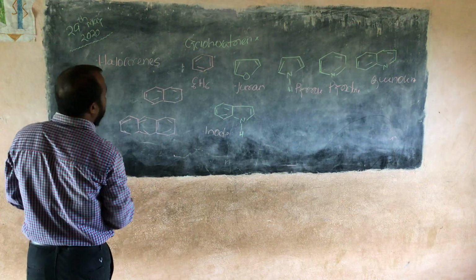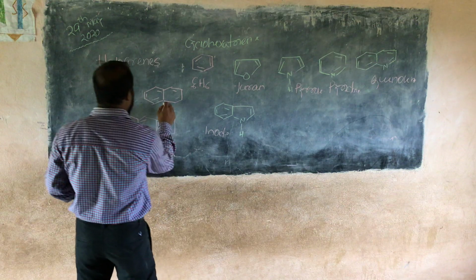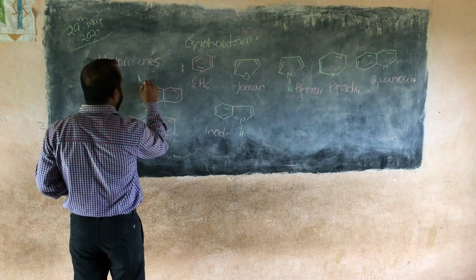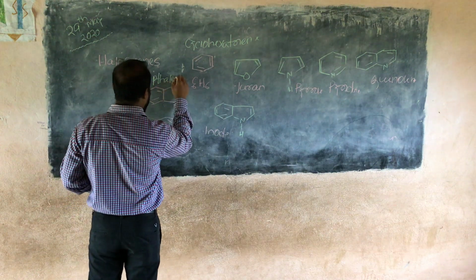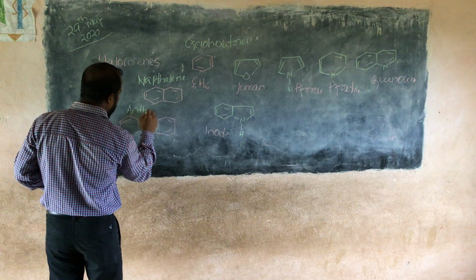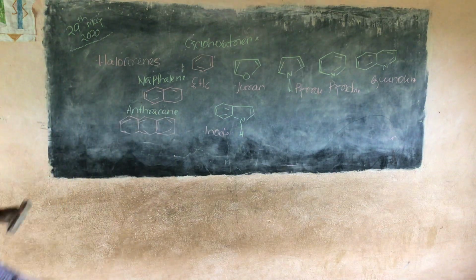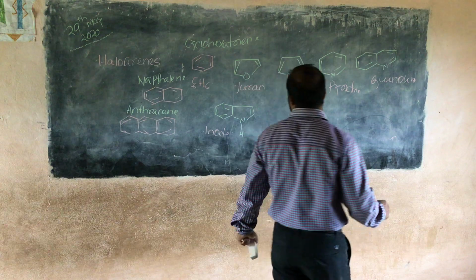So these are the common aromatic compounds. This compound has the name naphthalene. This is anthracene. These are examples of some common aromatic compounds.